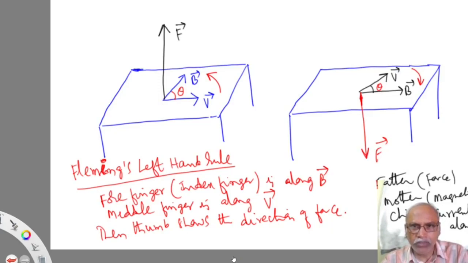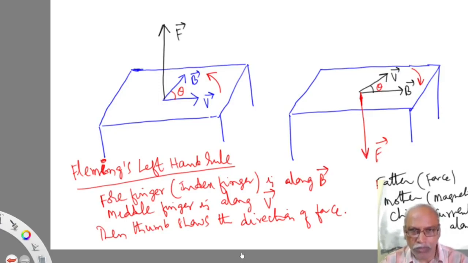If we change the directions of V bar and B bar, then in the second figure, if you rotate the screw from V to B, the screw will go down. Otherwise, you can rotate the right hand palm from V to B, then the thumb will come upward. Understood? Yes, sir.